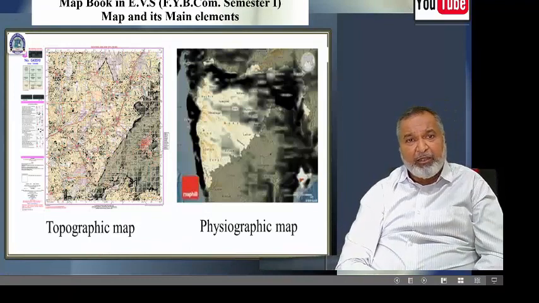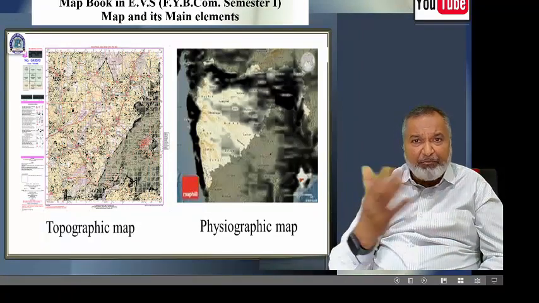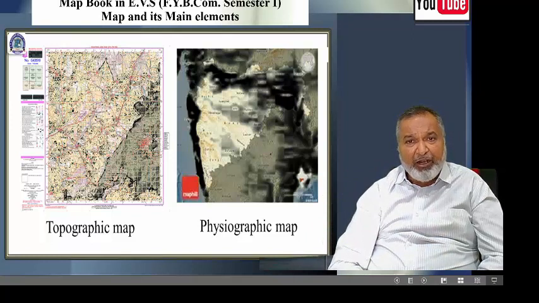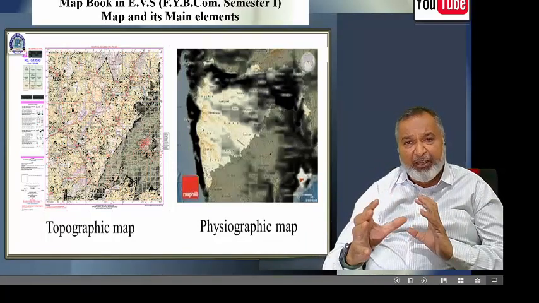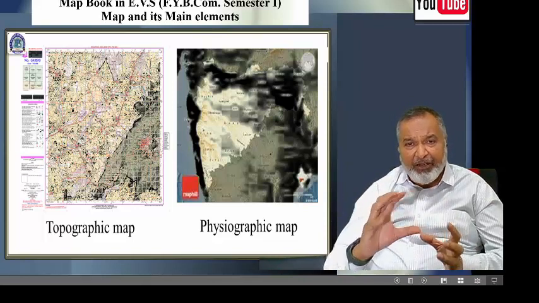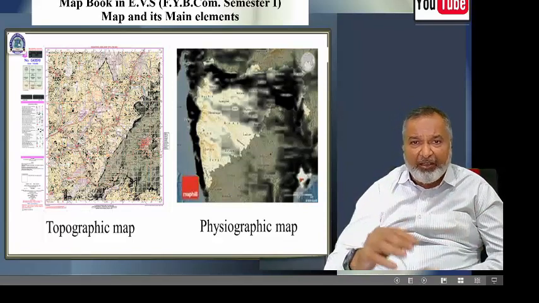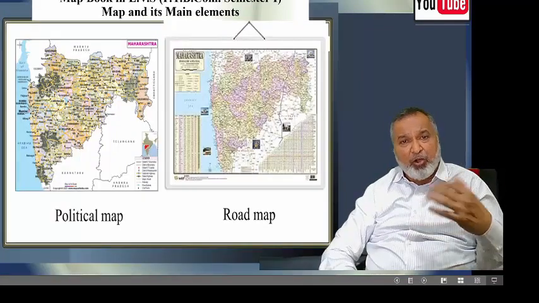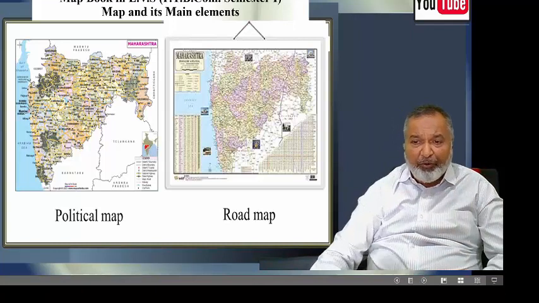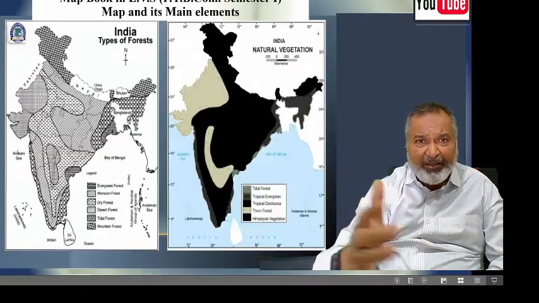So this one is a topographic map, the second one is a physiographic map, and with the colors we have shown the forest area, where the thick forest is, whereas we have the light forest, and wherever the brown is, that is the elevated part that has been shown. The political maps, road maps, these are the things.